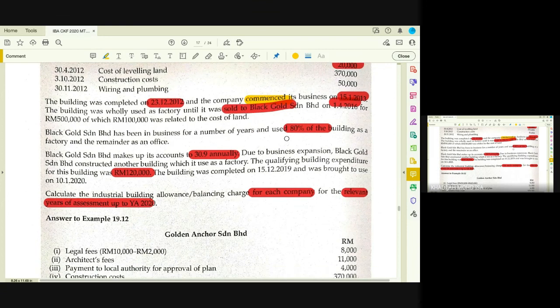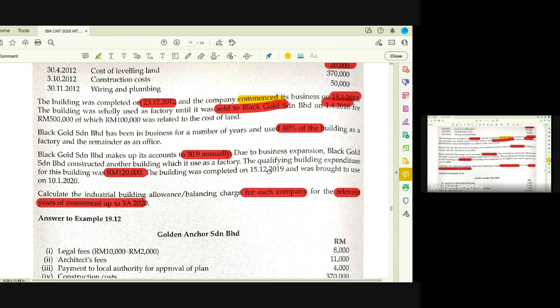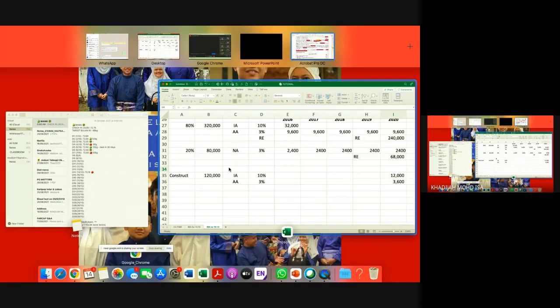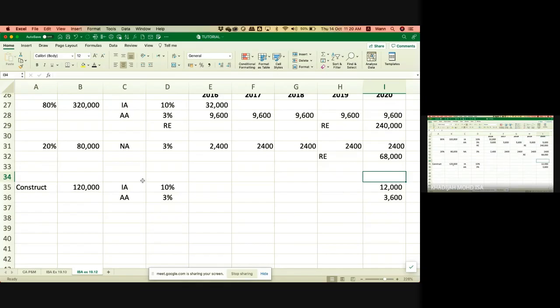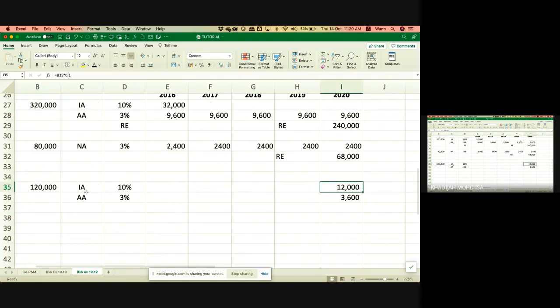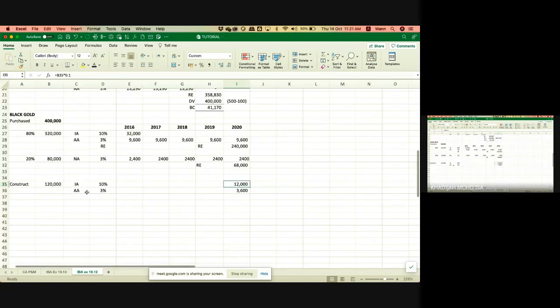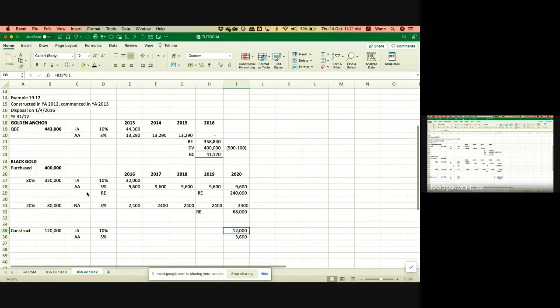So with a 30th September year end, completing on 15 December 2019 would be YA 2020. So for the company, the 120,000 construction, we're going to claim that in YA 2020, 10% IA and 3% AA. That's how you do question number 19.12.